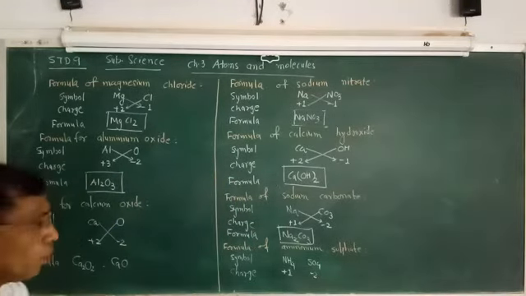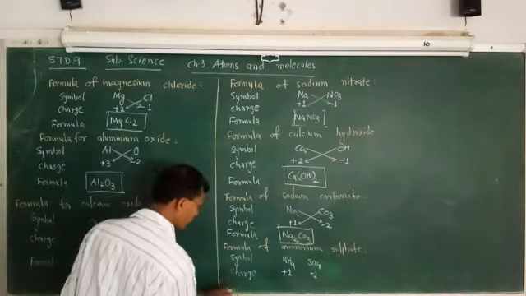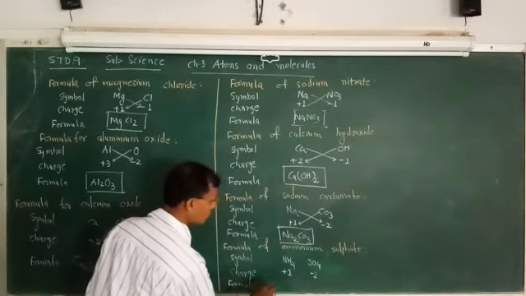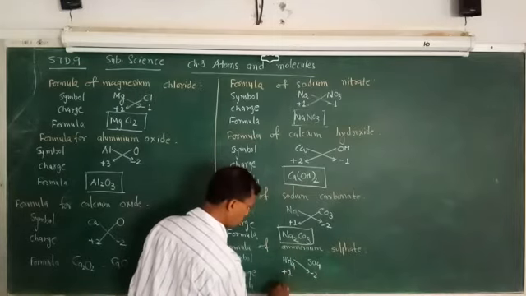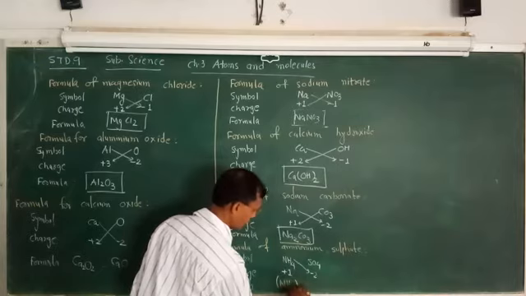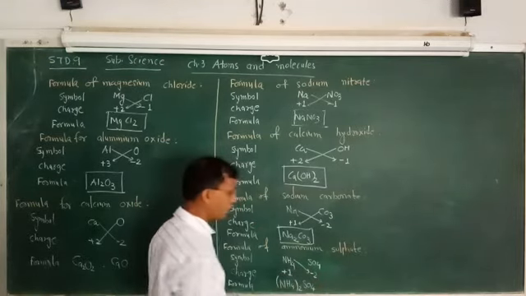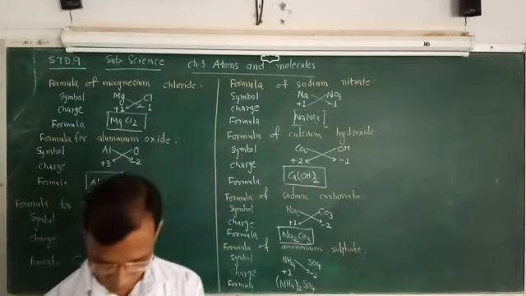So the formula is NH4 twice, SO4: ammonium sulfate.